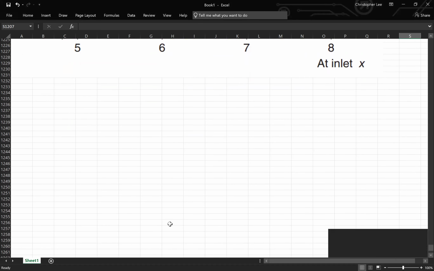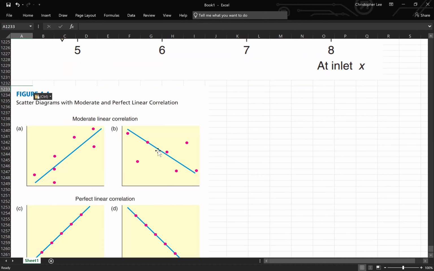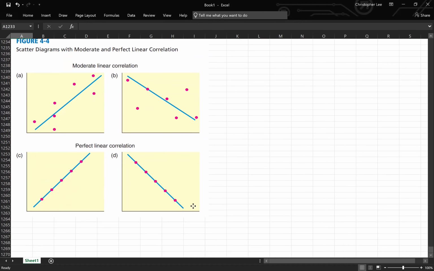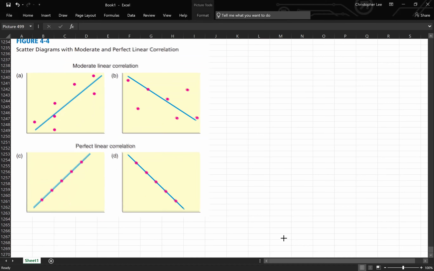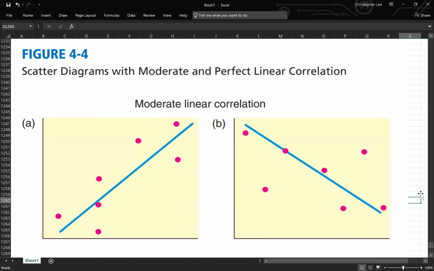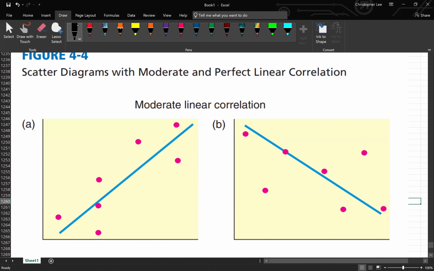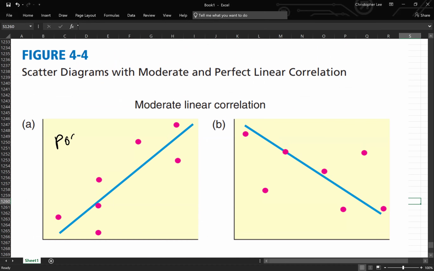I just want to show you guys real quick. We have a scatter diagram like so. This is positive correlation.